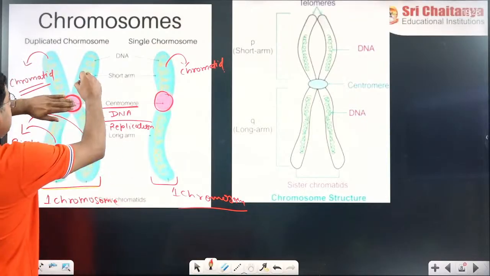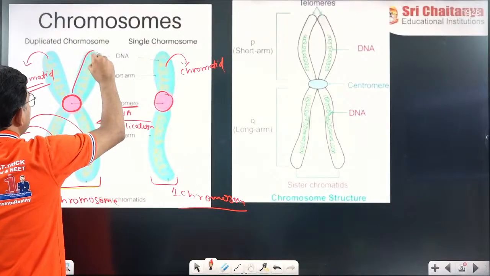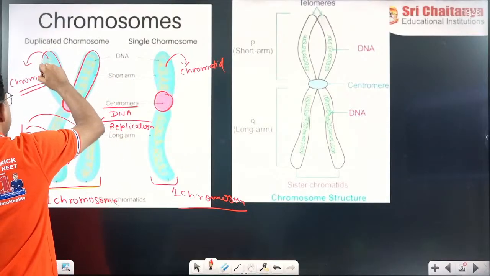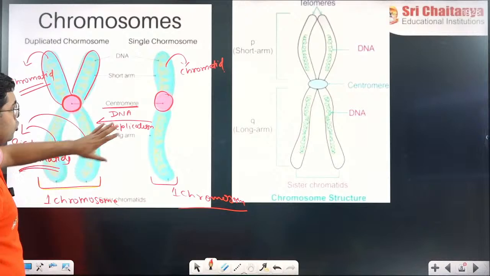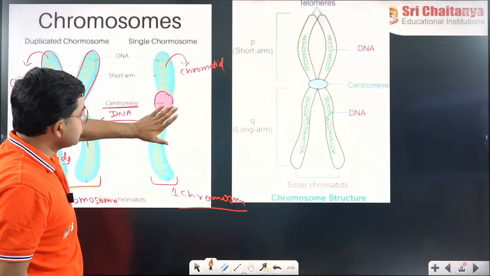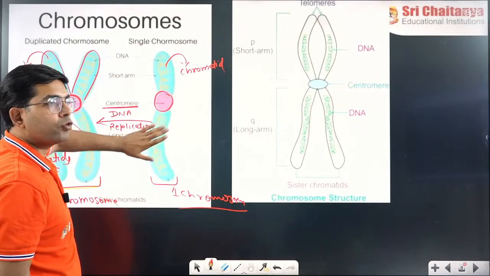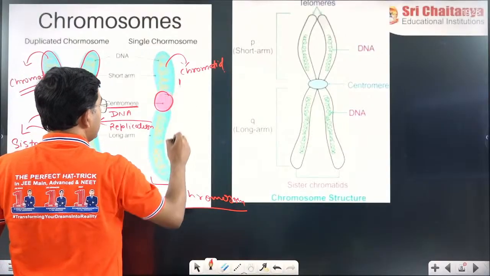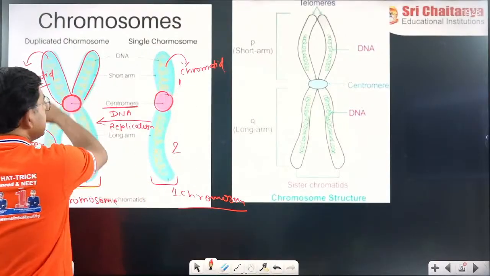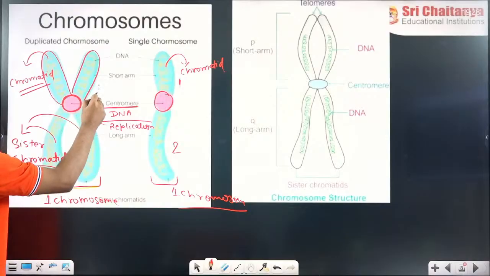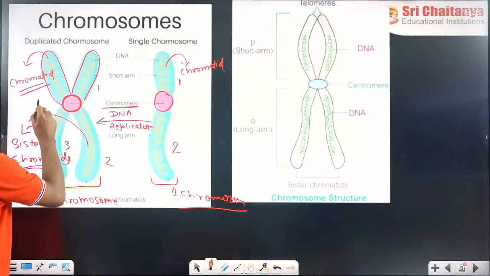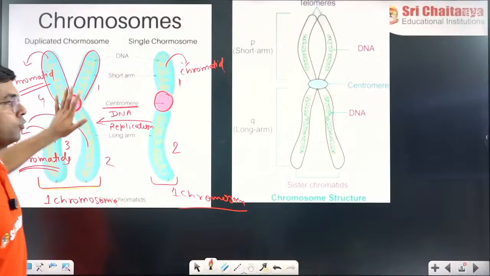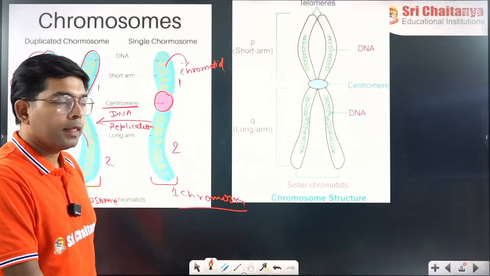Then this is called the arm of the chromosome. This is also called the arm of the chromosome. So this chromosome has how many arms? You will say two arms, 1, 2. But this has how many arms? It has 4 arms, 1, 2, 3, 4. So the arm of the chromosome is also clear.